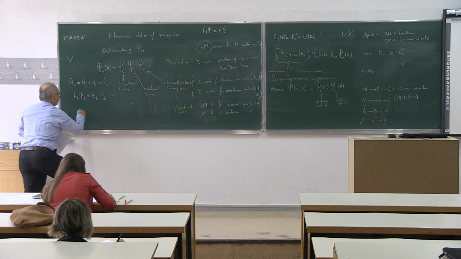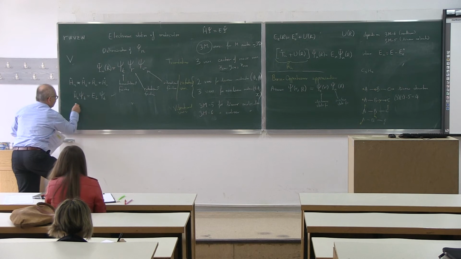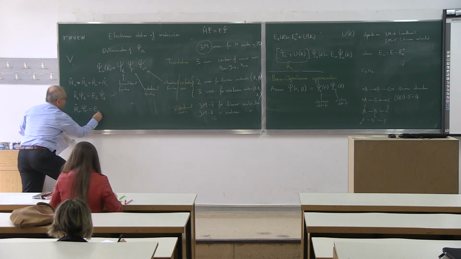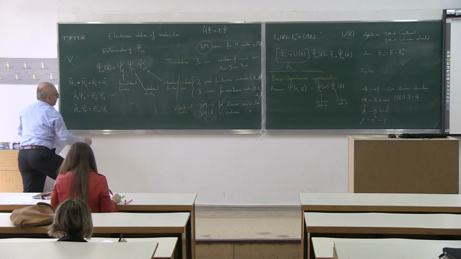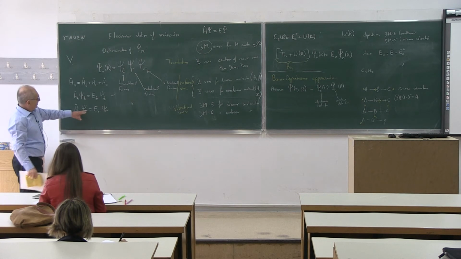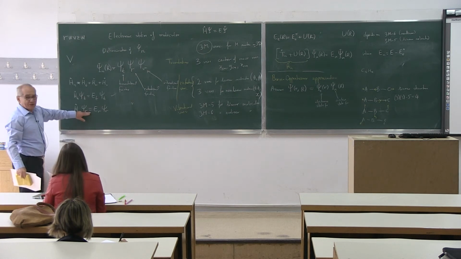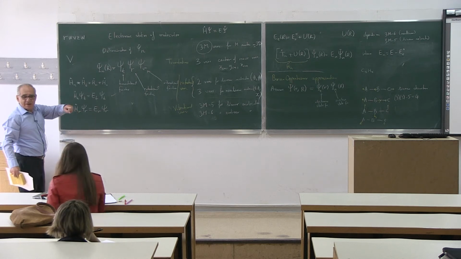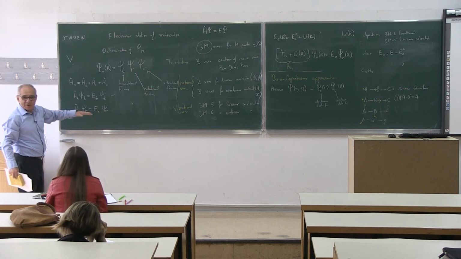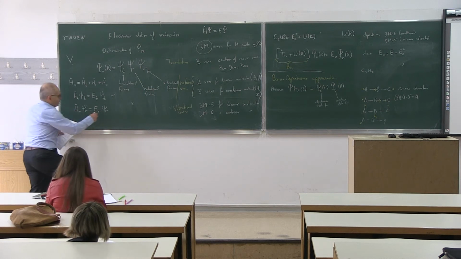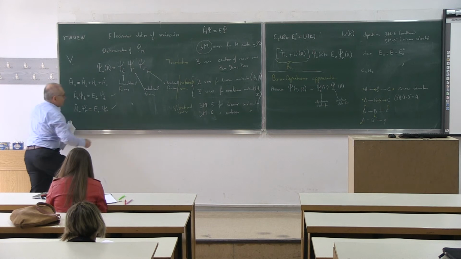This factor psi rotation is obtained by solving the rotational Schrödinger equation. We have studied this equation also before when we discussed the rotation of a diatomic molecule around its center of mass. So this is also known.